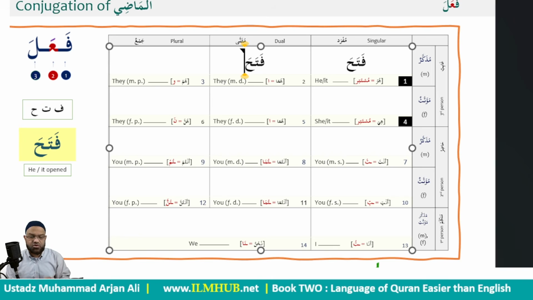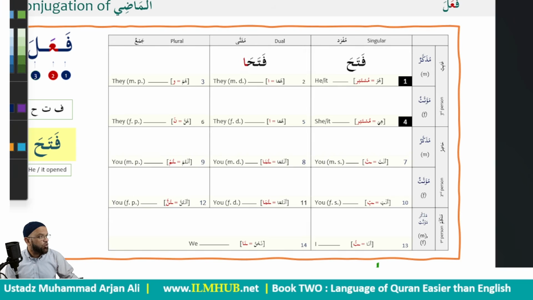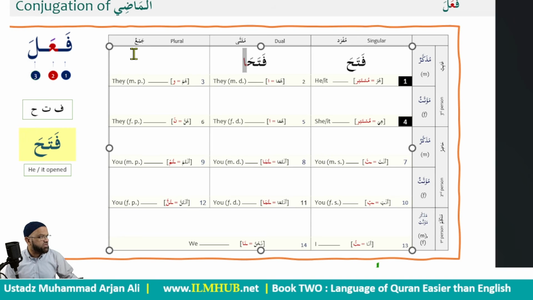So we got our 3 root letters with the fatha, fatha, fatha, but the huma version has an alif. This alif represents huma. So from now on, you'll say, what is the doer? You'll say alif. What does it mean? Huma. So again, I put it here for your easy reference.